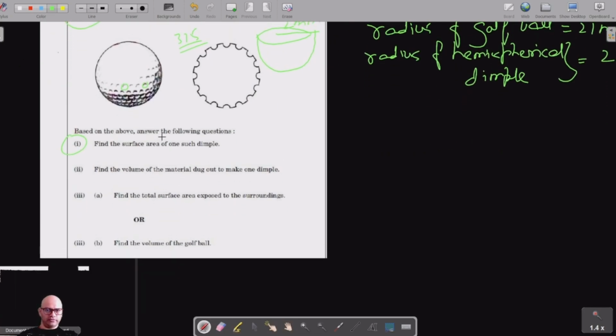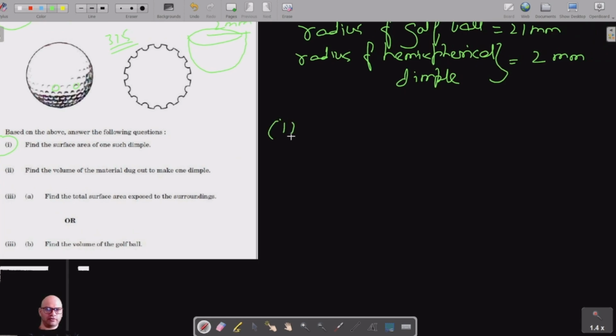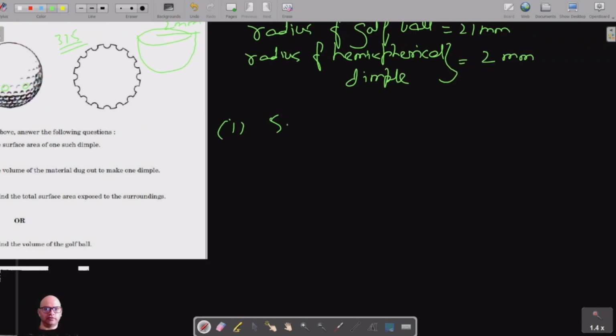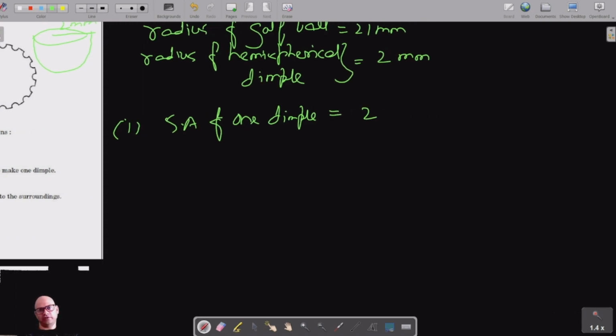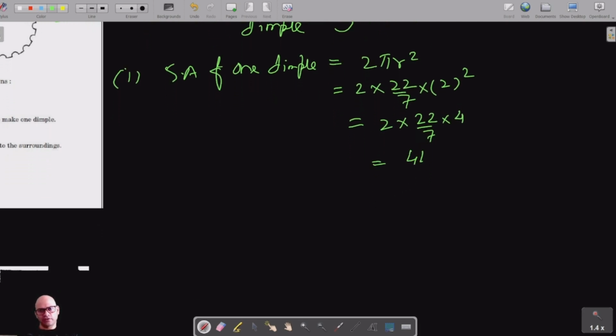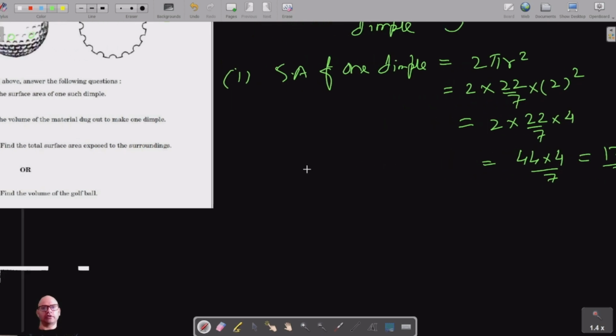Now moving on to the first part, it says find the area of one such dimple. So the surface area of one dimple is the surface area of the hemisphere, which is 2 pi r square. So this is 2 into 22 by 7 into 2 square, which is 2 into 22 by 7 into 4, which is 44 into 4 by 7, and that is equal to 176 by 7 millimeter square.